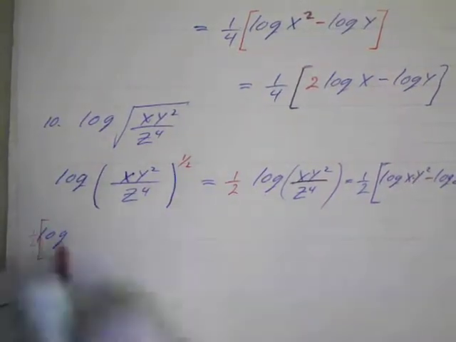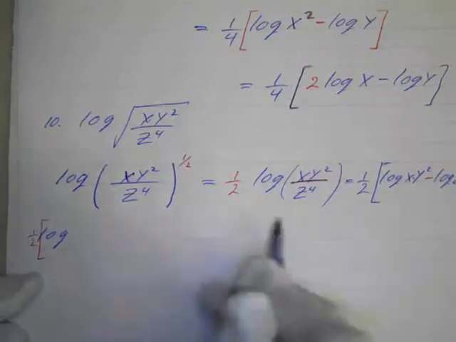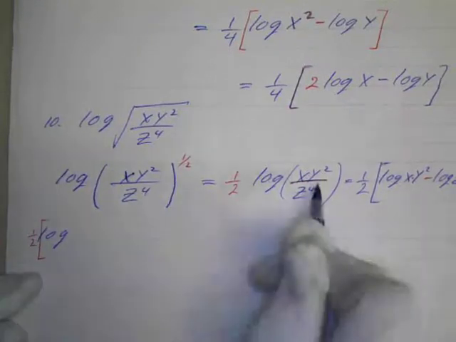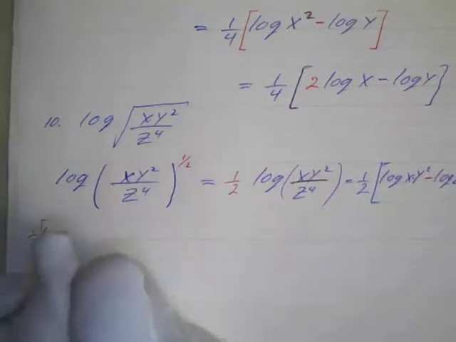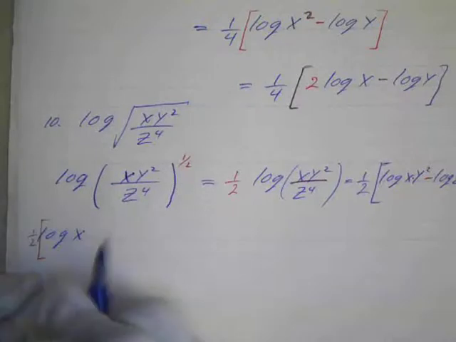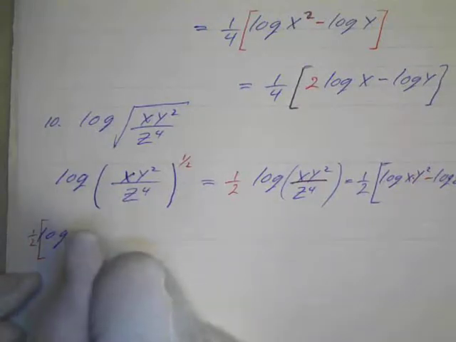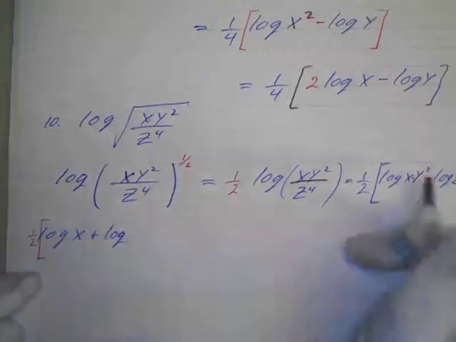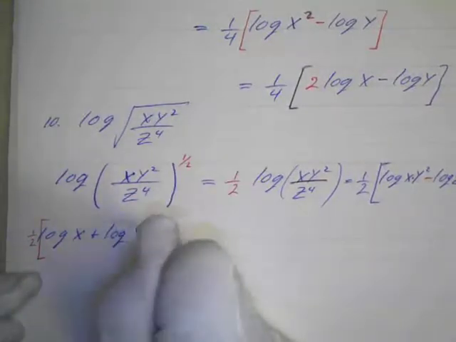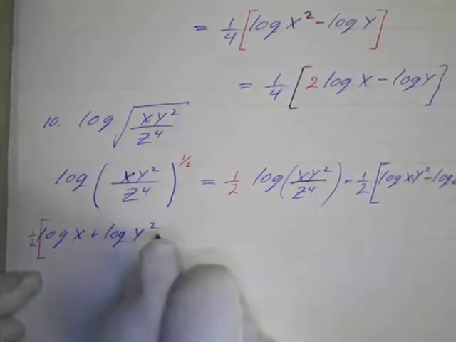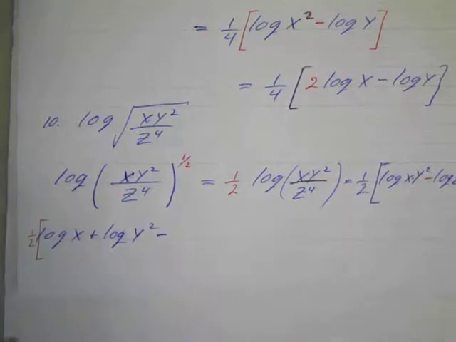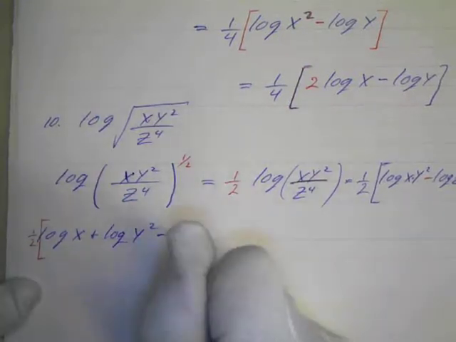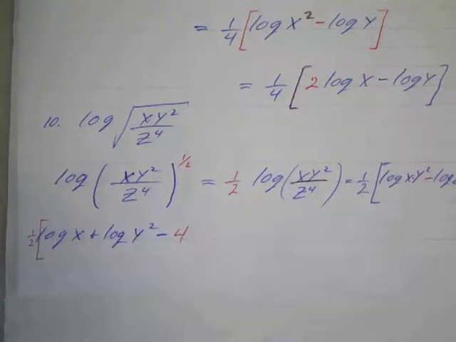That's going to be 1/2 the log, and then I've got a product here, so this could be the sum. So the log of x plus the log of y squared, then minus, and now I can put this 4 in front also, so 4 times the log of z.